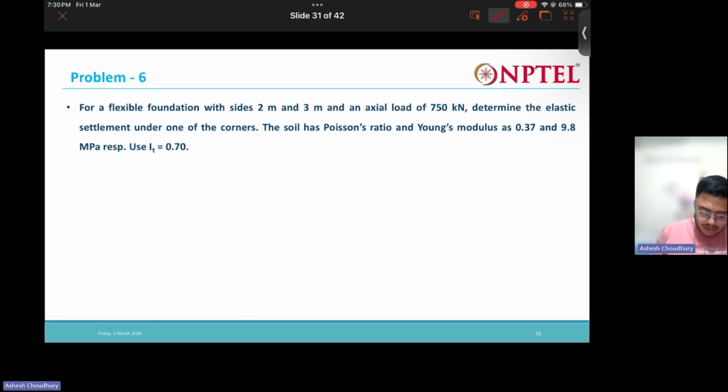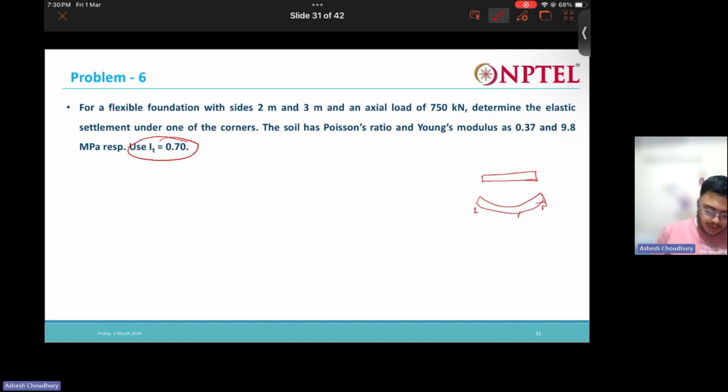When settlement occurs, as the foundation is flexible, the foundation might settle like this. Settlements are not equal everywhere, so that's why this factor is used.